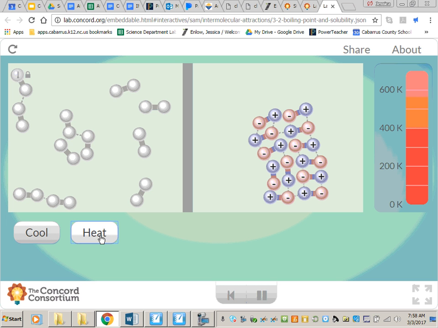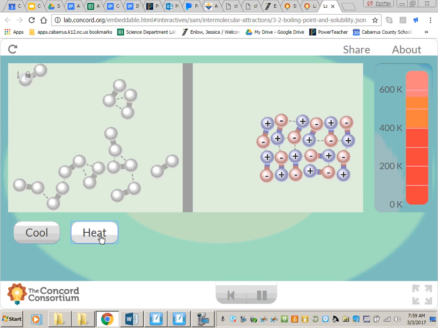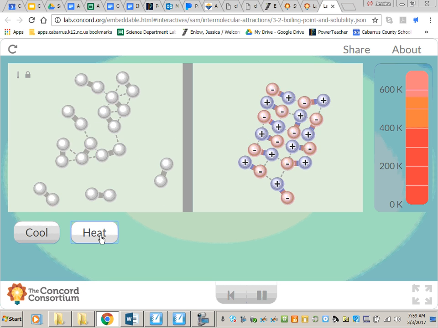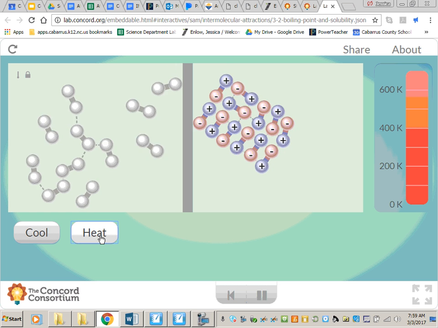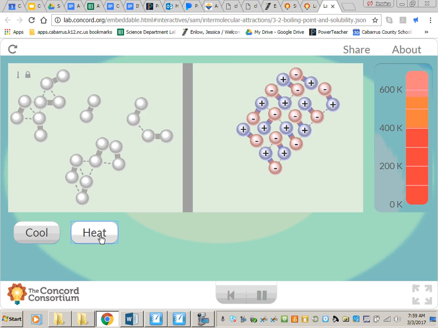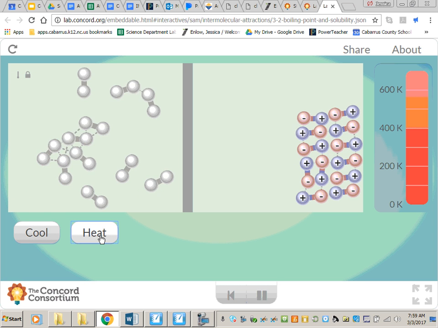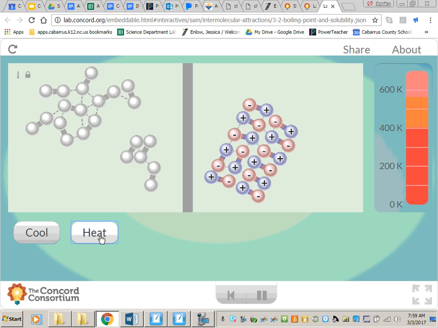A molecule that's polar can experience dipole attractions and hydrogen bonding attractions, but that's just a polar molecule where we have a partial positive and a partial negative. What's the most extreme of polar? They actually transfer electrons. Ionic. So remember when we talked about ionic? What did we say about their melting points and boiling points? Super duper duper duper high, right? And so that's going to be trying to indicate even higher than what this is showing here.